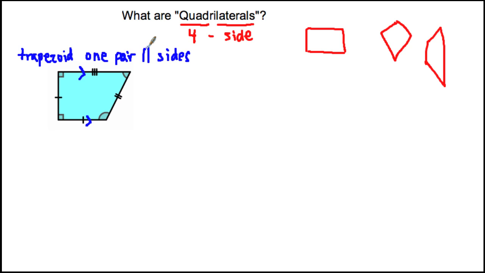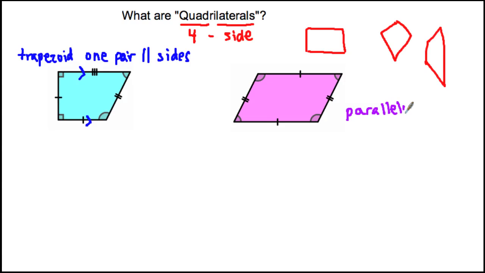Our second major type of quadrilateral is a parallelogram. And a parallelogram is a quadrilateral that has 2 pairs of parallel sides. And so you can see here that the top and the bottom are parallel, and then the 2 slanted sides are also parallel. And those little arrows mean that they are parallel to one another.